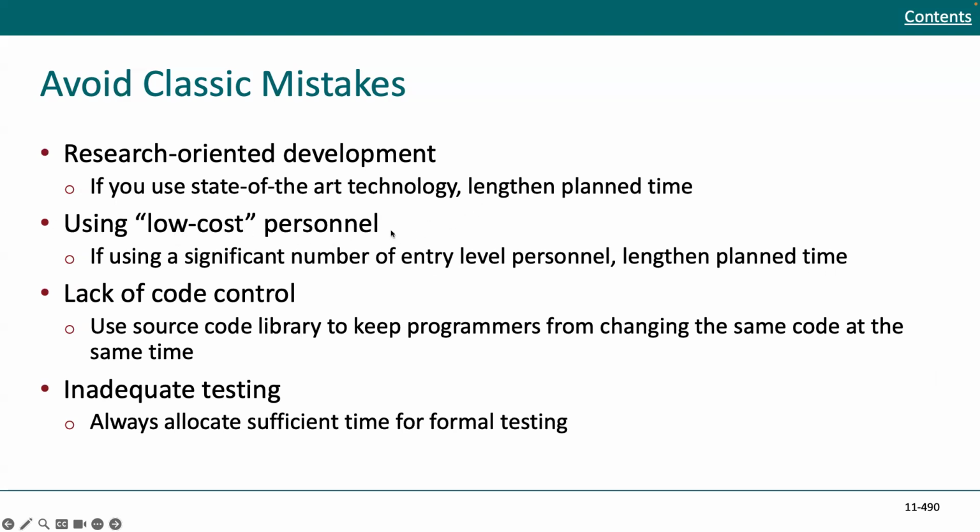If you have experience, it'll go faster, maybe cost more per hour. But if you have lower entry level, it could lengthen the time because there's a learning curve. You want to think about lack of code control. Use source code libraries to keep programmers from changing the same code at the same time. That would be a strategy. And you want to consider inadequate testing. You always want to allocate sufficient time for formal testing.